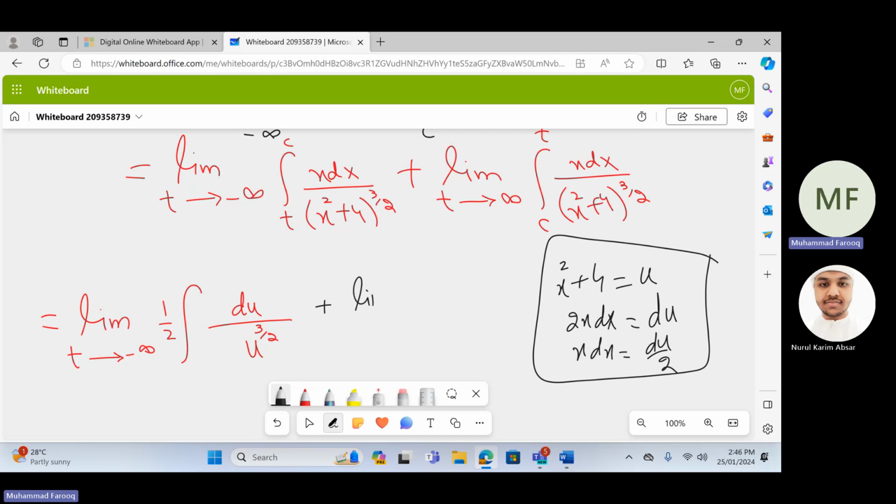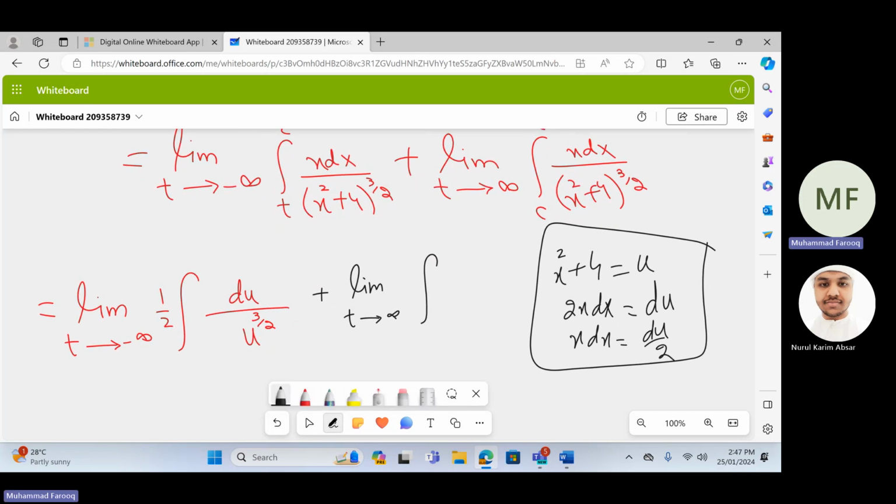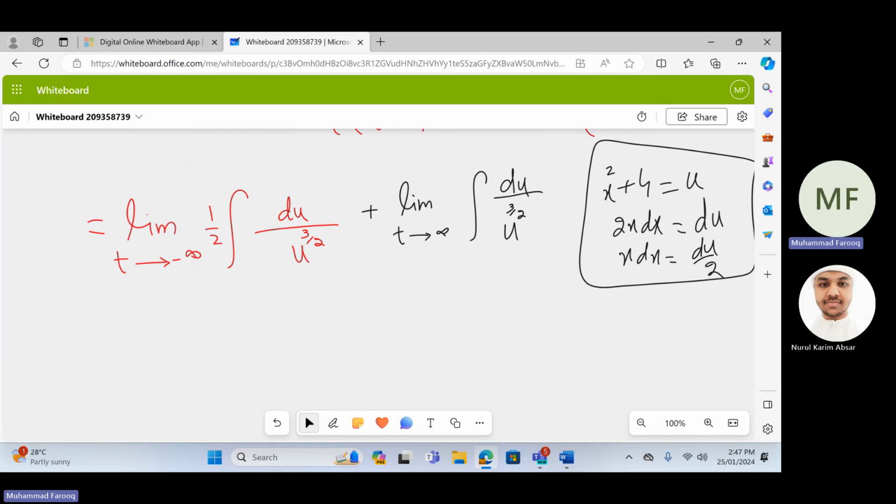Same thing you can write here: limit t approaches positive infinity, integrate. Now x dx becomes du divided by u to the power 3 over 2. You told me the integration of this one is u to the power negative half.